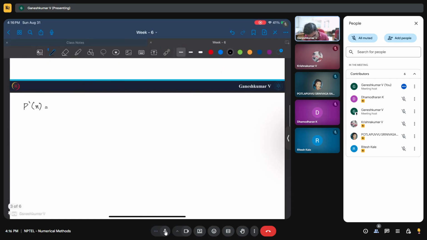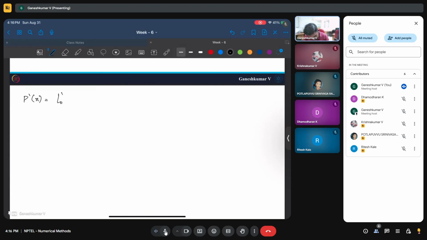So this is going to be L naught dash of x, f of x naught, plus L1 dash of x, f of x1, plus L2 dash of x, f of x2, plus L3 dash of x, f of x3, plus L4 dash of x, f of x4.